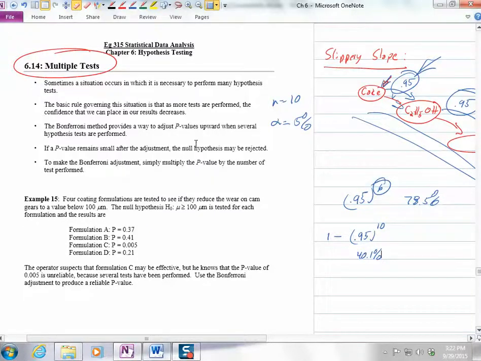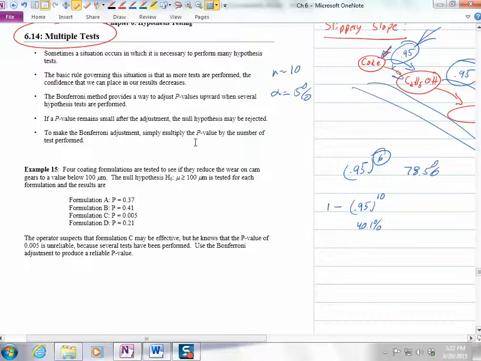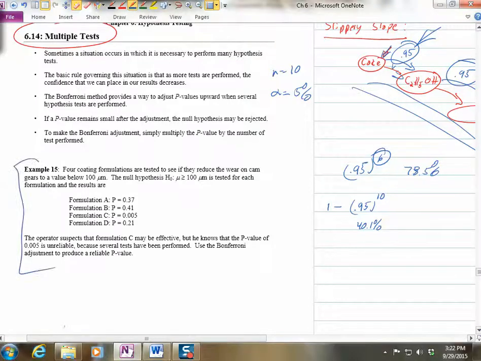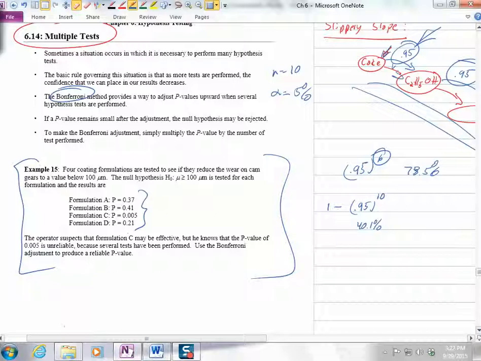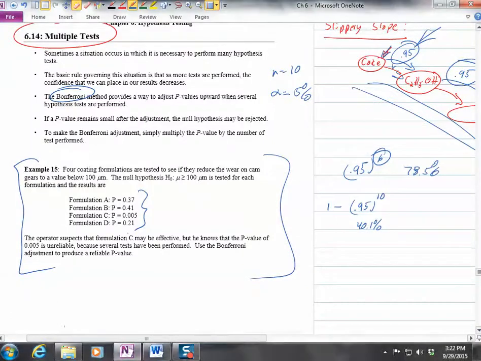We will revisit this multiple test problem. So how the book handles this is there's the Bonferroni method, which is pretty straightforward. It says you take these p-values that you have and you multiply them by the number of tests that you do, and that gives you the experiment-wise correction for the multiple testing problem.